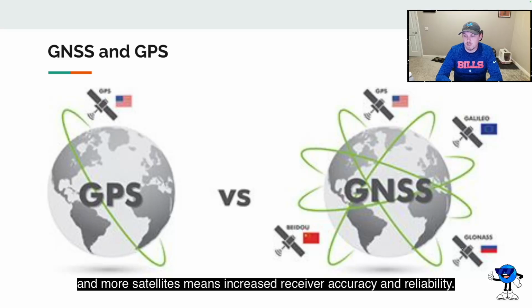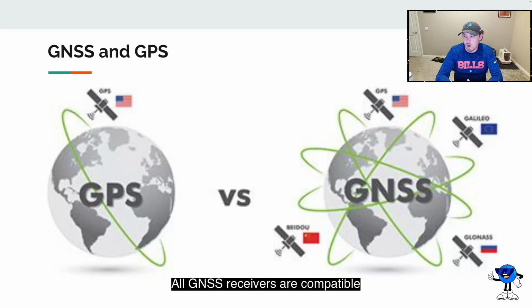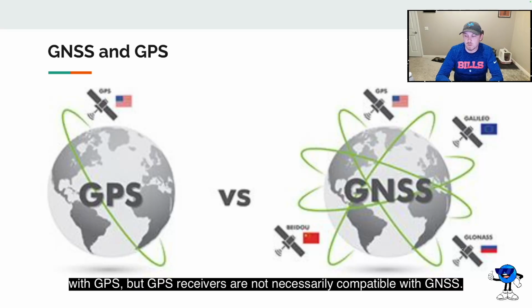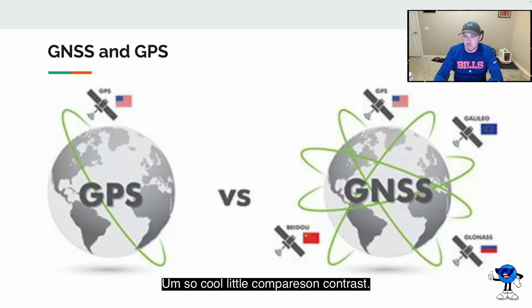And more satellites means increased receiver accuracy and reliability. All GNSS receivers are compatible with GPS, but GPS receivers are not necessarily compatible with GNSS. So, a cool little compare and contrast.